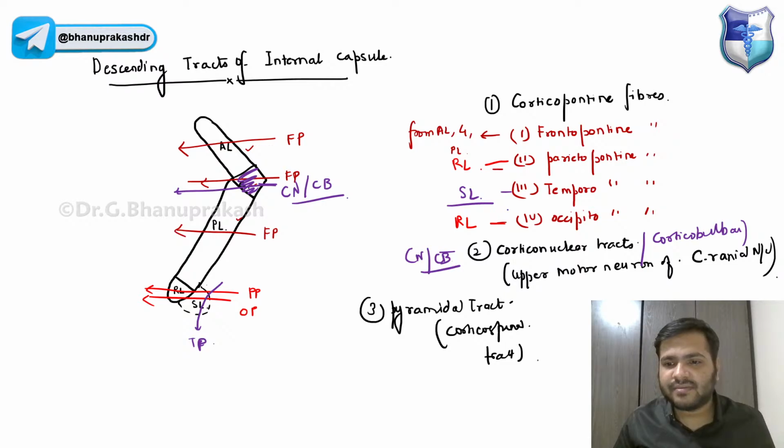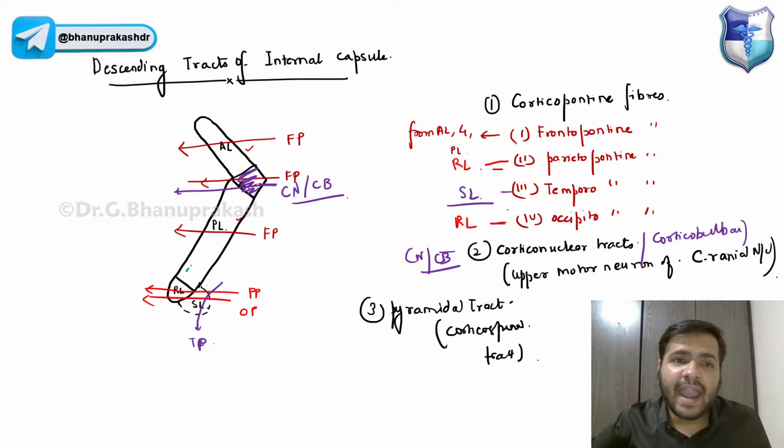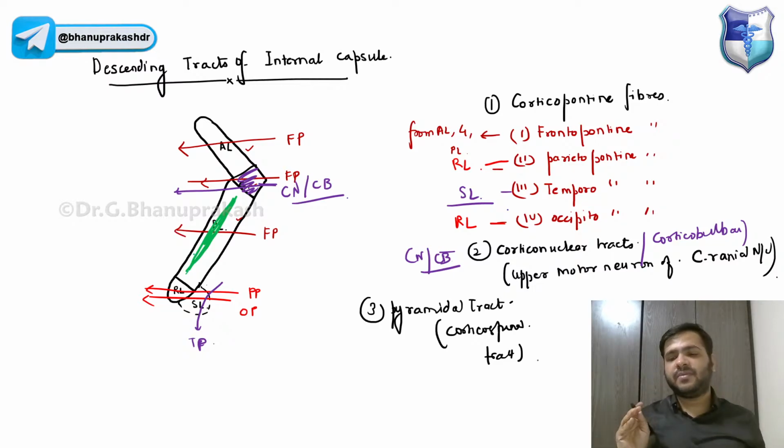And the corticospinal tract, guys, will be passing through the posterior limb. And remember, it is only the anterior part of the posterior limb, not the entire posterior limb.